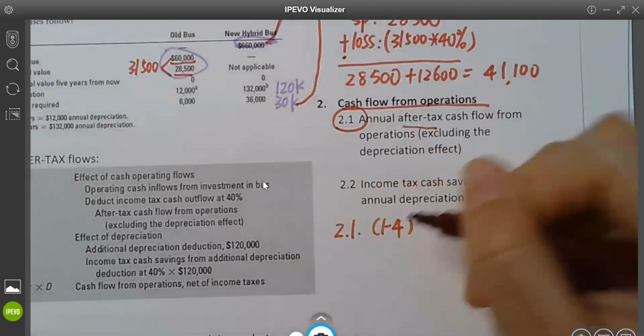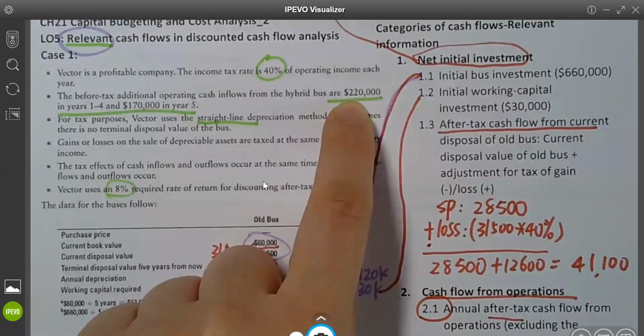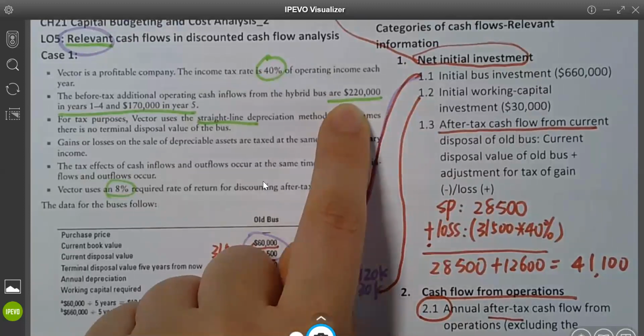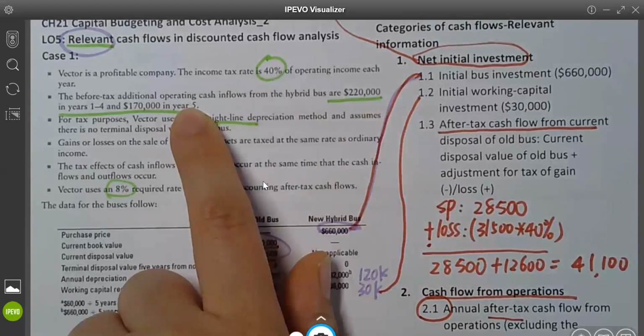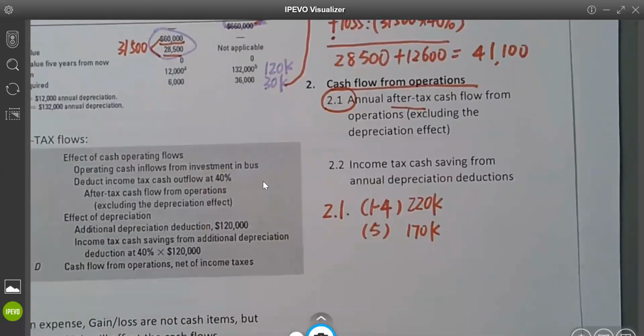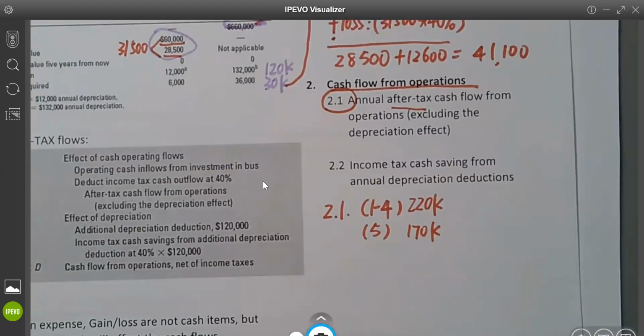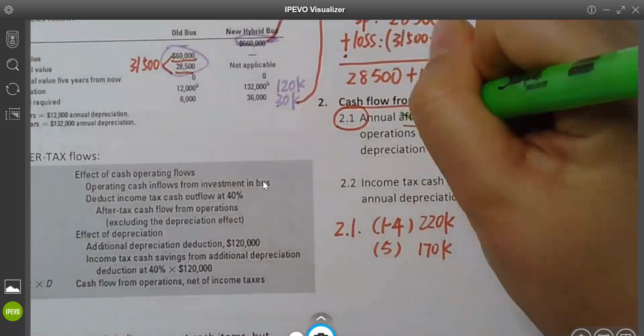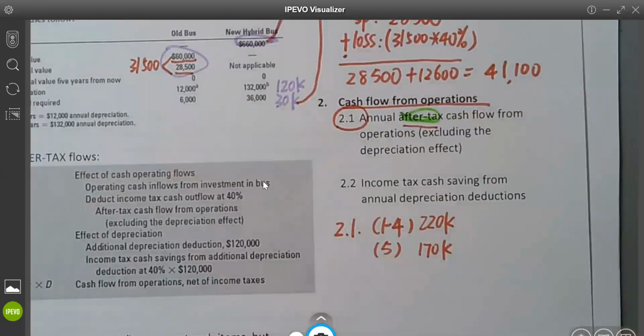For year 1 to 4, before tax, your operating income is increased by 220,000. For the 5th year, increased by 170,000. But we only keep the after tax, right? 40% goes to Uncle Sam, 60% are left for you.